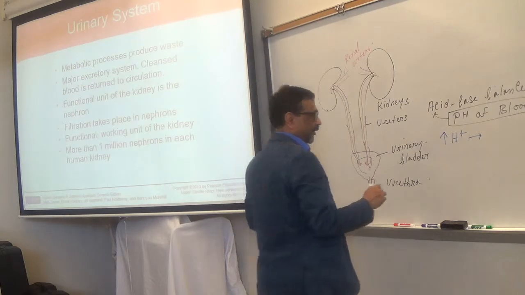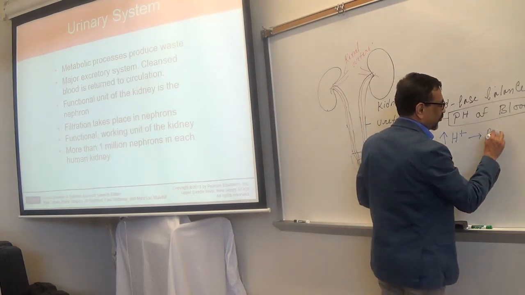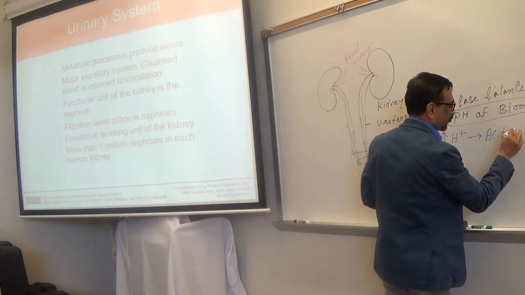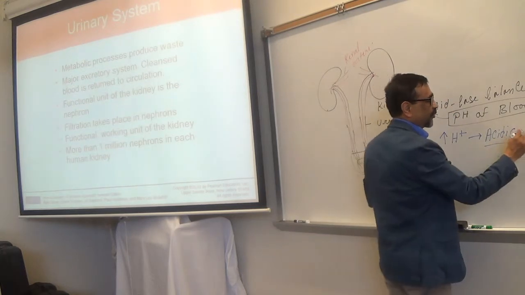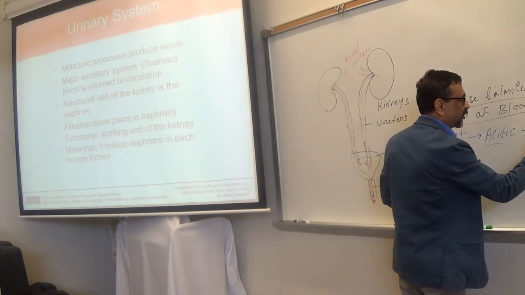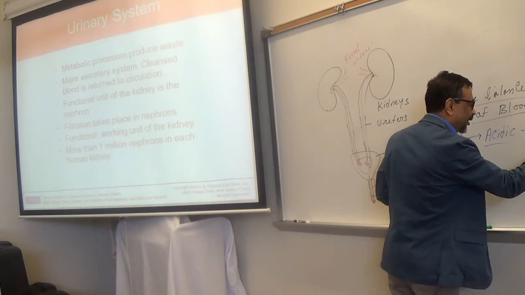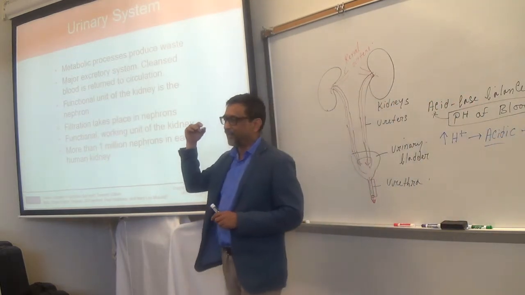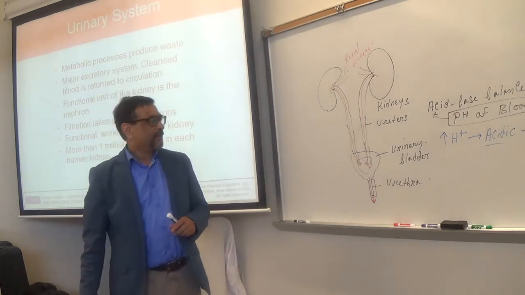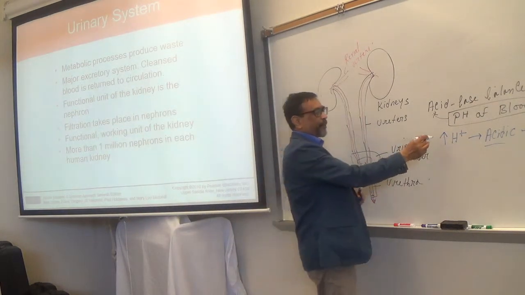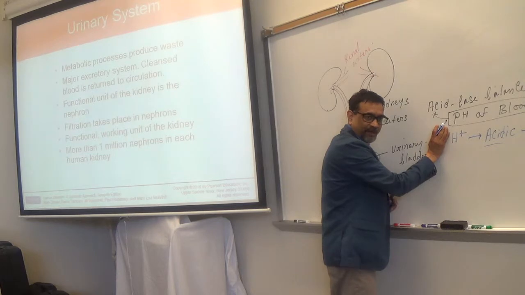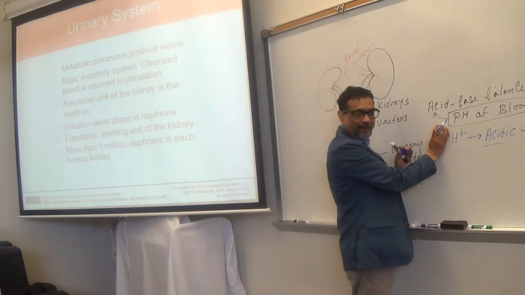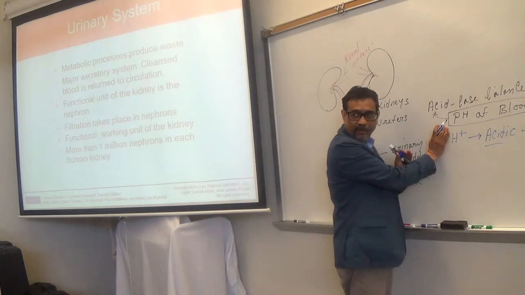Remember, this is important. That means the pH goes down. So this relationship is very important to understand the physiology. So normal hydrogen ion in your blood is good, right? Everything normal is good.